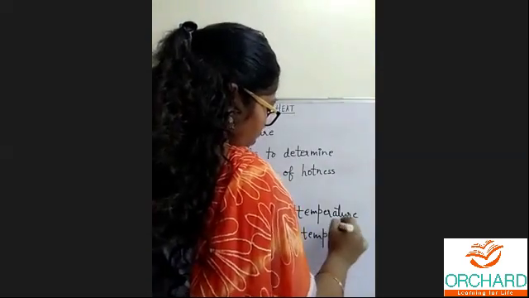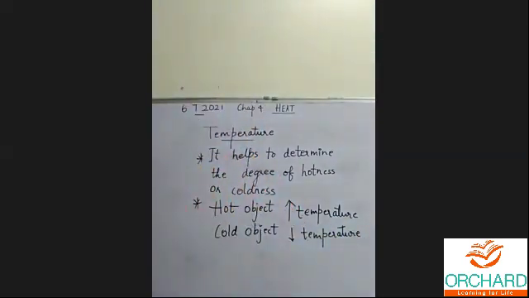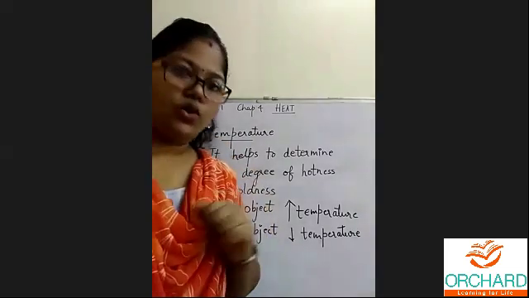So when you don't have fever, your temperature will be normal. When you have fever, your temperature will be high because your body has become hot. So this temperature is something that will help you to find if an object is hot or cold.